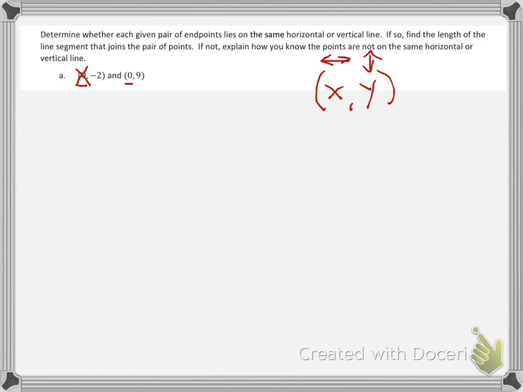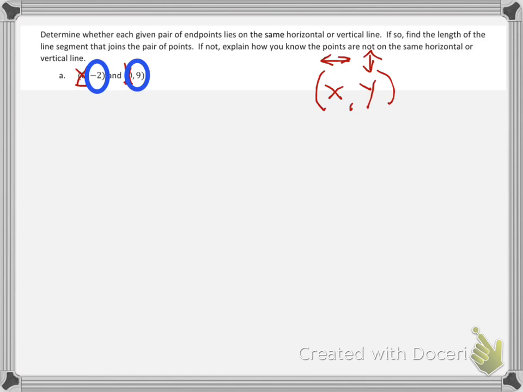So I don't care about the x values this time because they're not changing. What I do see is the y values are going to change, and the first y value is a -2, and the second y value is a +9. Now that means that we are 2 below the y-axis and 9 above the y-axis. The distance between them is going to be an addition problem.